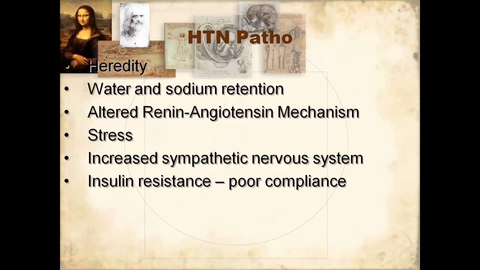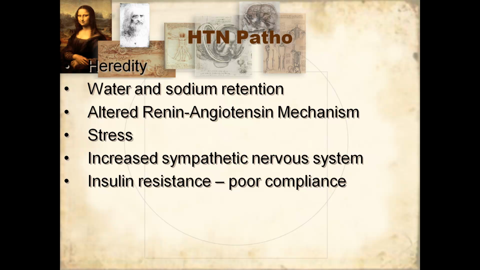Increased sympathetic nervous system. Stress will do that. Your increased sympathetic nervous system has to do with your flight or fight mechanism. So you're going to produce norepinephrine, which causes vasoconstriction. If you cause vasoconstriction, that increases your blood pressure.